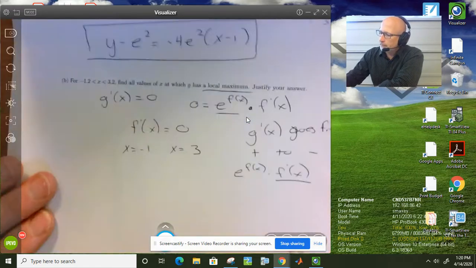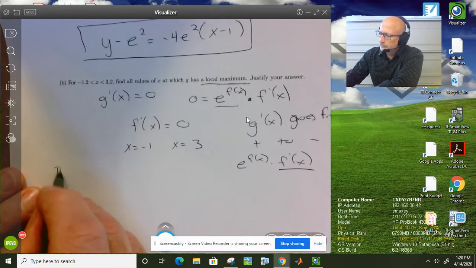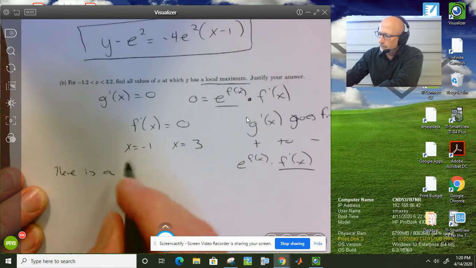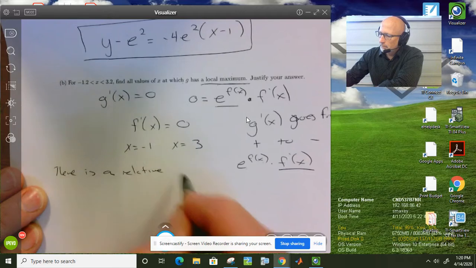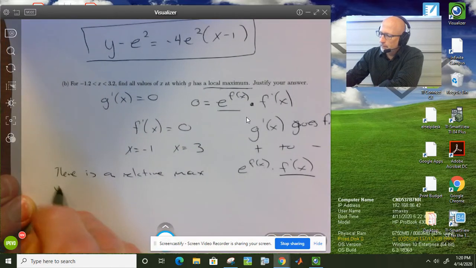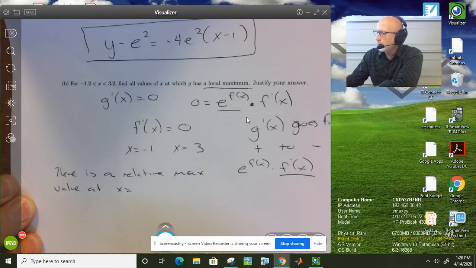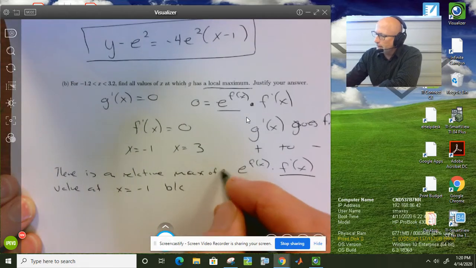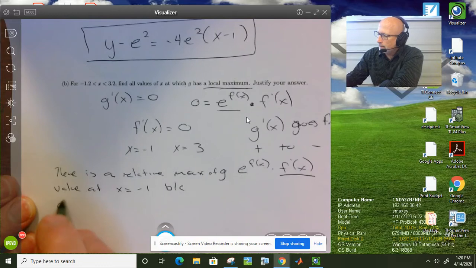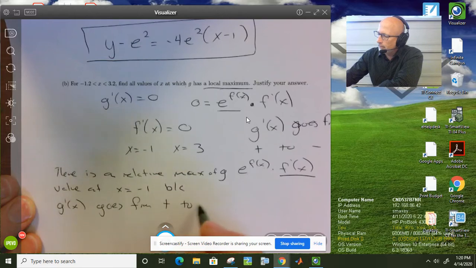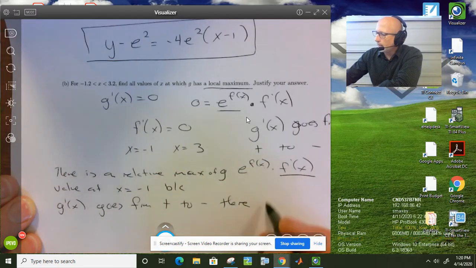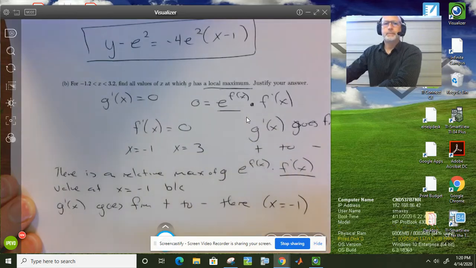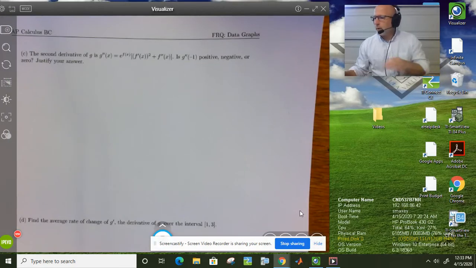So there is a relative max value of g at x is equal to -1, because g prime of x goes from positive to negative there. We have to state what function we're talking about, g. Okay, and that's it. So let's go on to C.